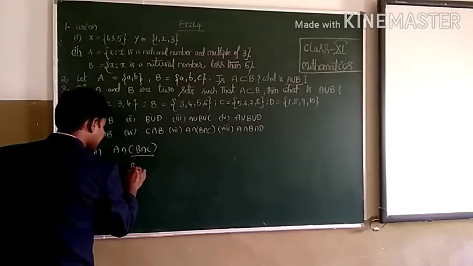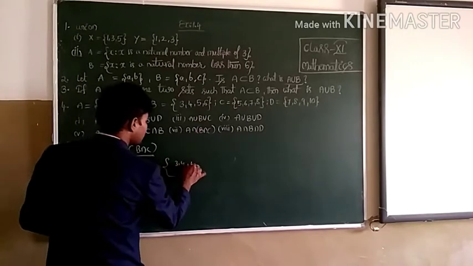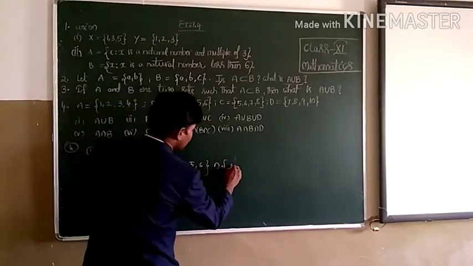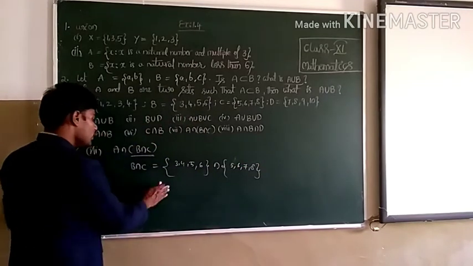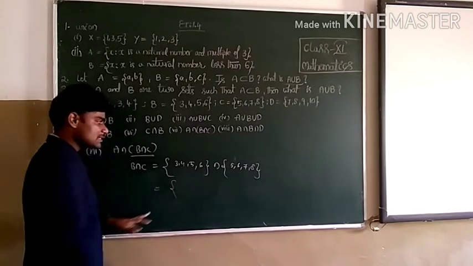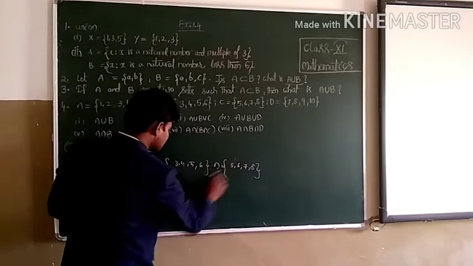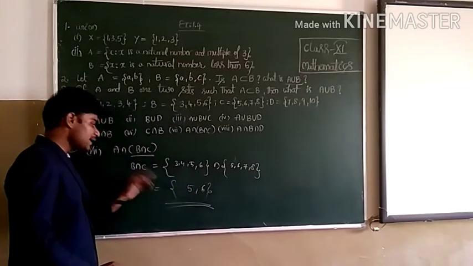B intersection C: B is 3 4 5 6, and C is 5 6 7 8. Now identify the common elements in both the sets. 3 and 4 are not there, but 5 and 6 are available. So this represents B intersection C.